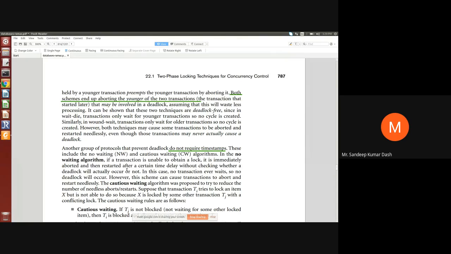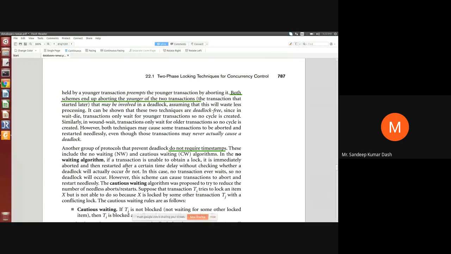That means if an older transaction is holding a lock and a younger transaction comes requesting a lock on that item, it will be immediately aborted without making it wait. It is aborted because once it starts waiting, there is a possibility of deadlock.